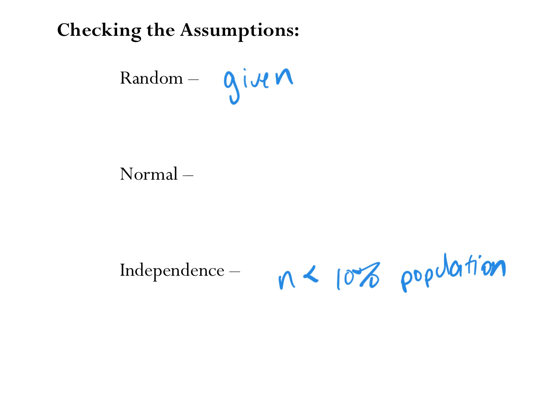Now, the logic of our test, going back to Joy: we got that p-value by assuming our null hypothesis was true. Everybody good? That means the p-hats will be normal when np and n(1 minus p) are greater than or equal to 10. When we were doing a confidence interval, our goal was to estimate what P is. We don't know what it is, so we put p-hat in its place.